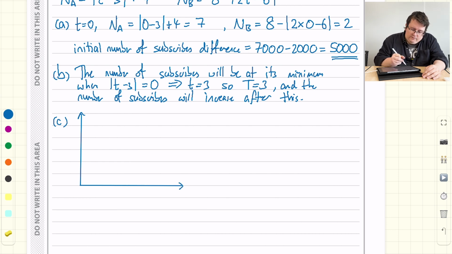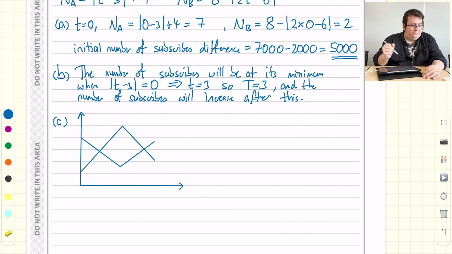The graph kind of looks something like this, and something like that. Okay, so this is NA, and that's NB.